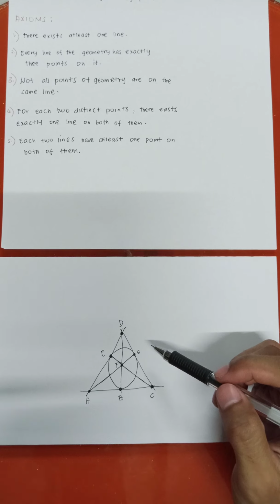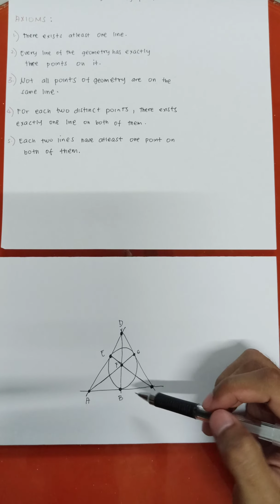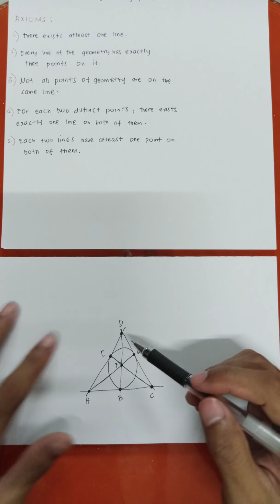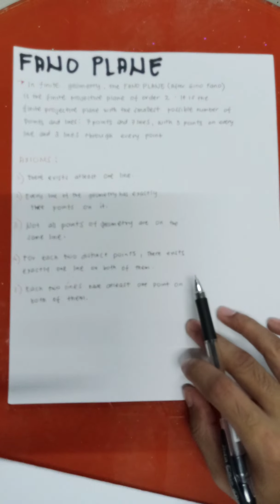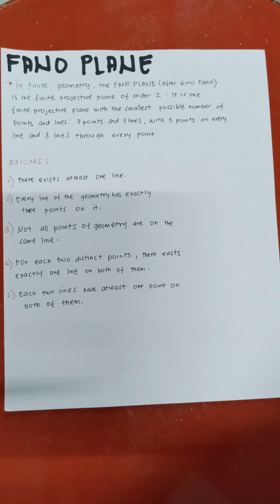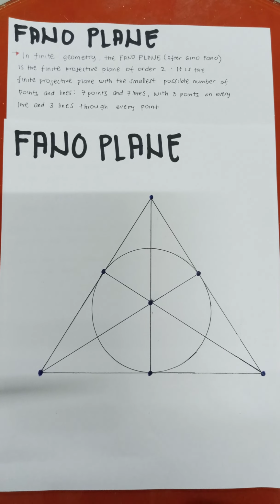Then all we are going to do is check if this Fano plane has 7 points and 7 lines, with 3 points on every line and 3 lines through every point, as said in the definition. So let me use a more presentable figure. First, I label them.